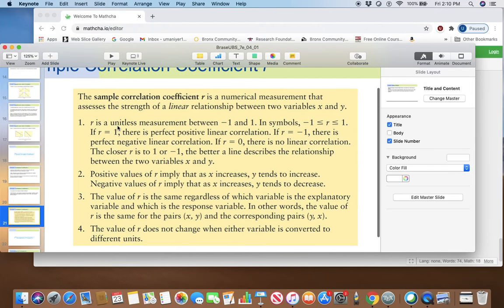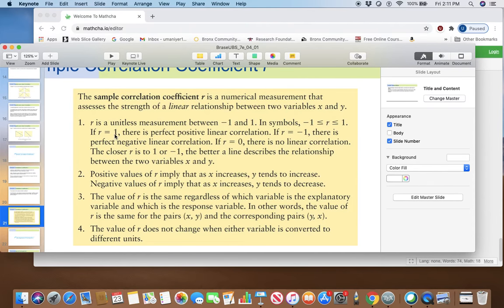R is unitless. That is, unitless means R centimeters or R pounds, these things don't make sense. R has no unit. It is between -1 and 1. In symbols, -1 ≤ R ≤ 1.